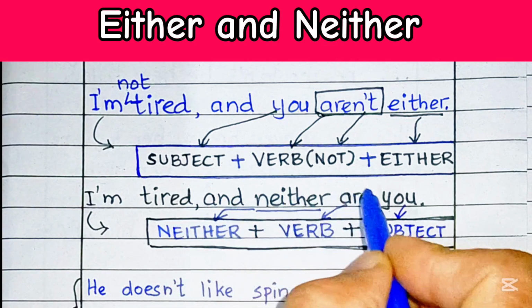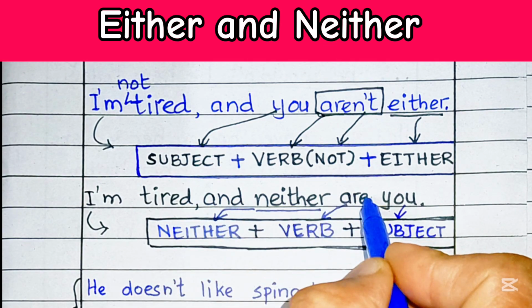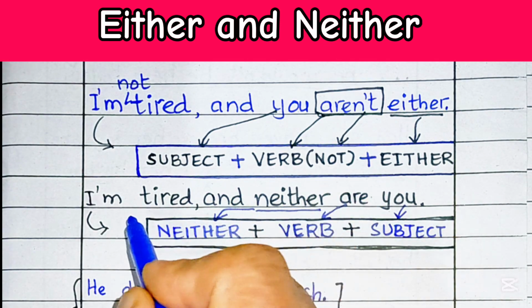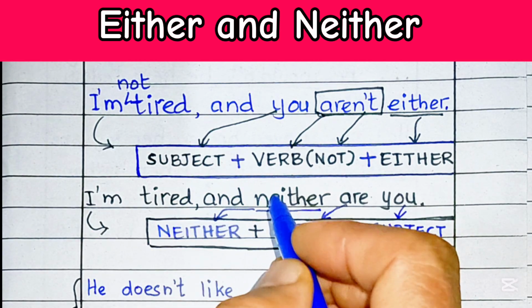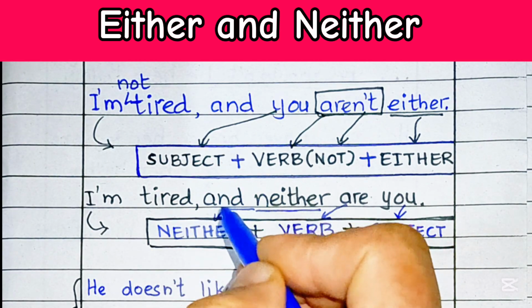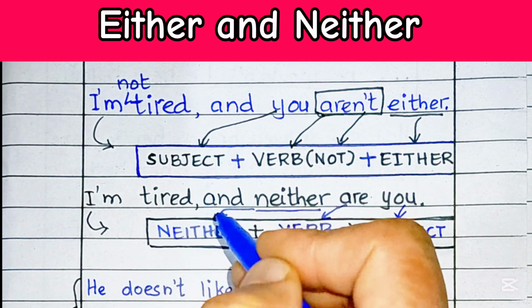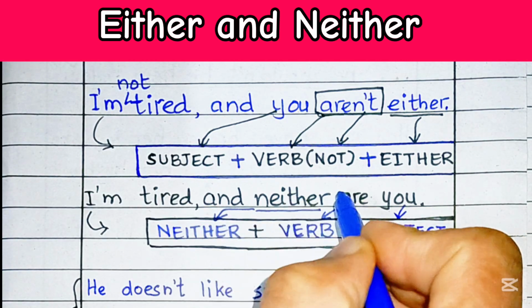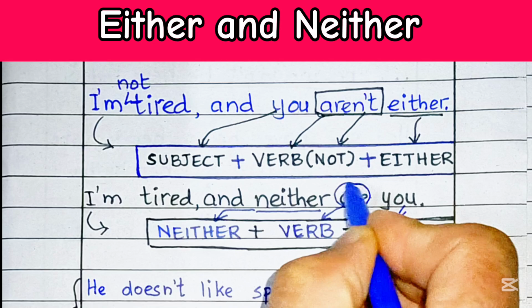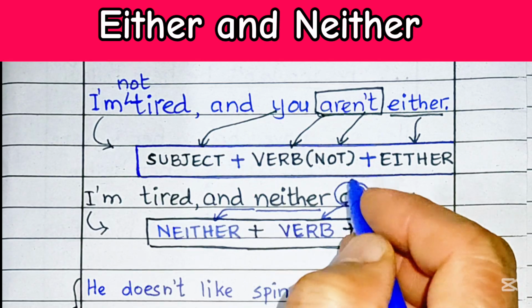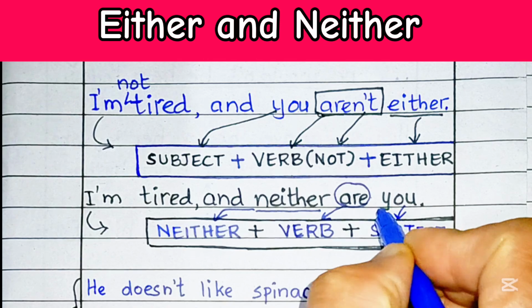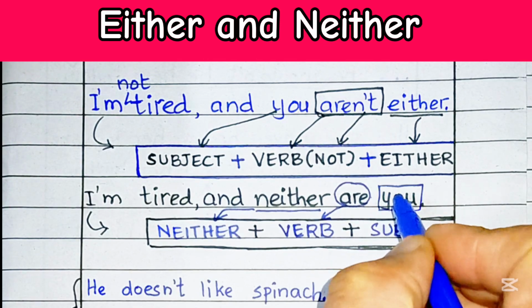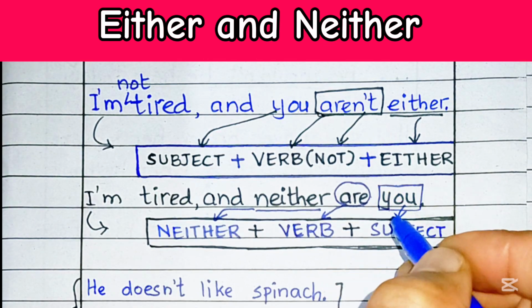I am tired and neither are you. Use neither, which is the negative, in front of the verb. Use this neither in front of the verb and then end with the subject you over here.